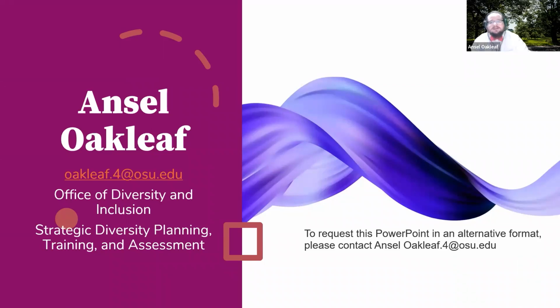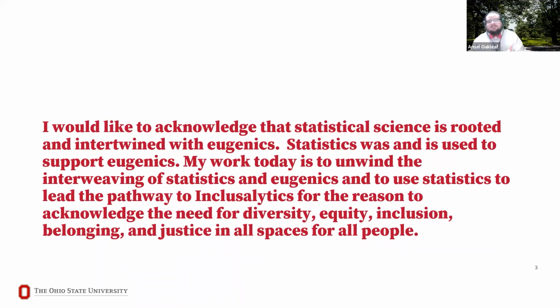So let's get started. The first thing that I would like to do is just put out there an acknowledgement statement about statistics. So statistical science has traditionally been rooted and intertwined with eugenics, which is very ironic with the work that I do in the Office of Diversity and Inclusion, the opposite of the eugenics. So I do want to point out that that's where a lot of the history, a lot of the statistical science has originated from.